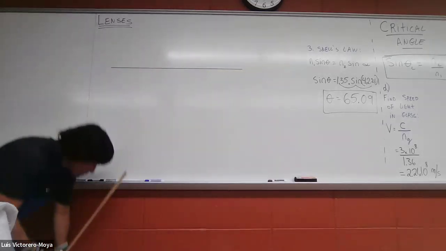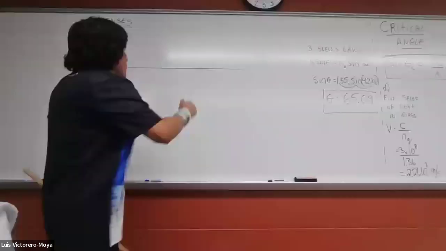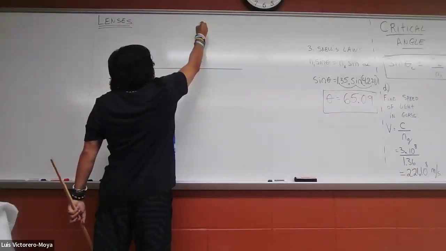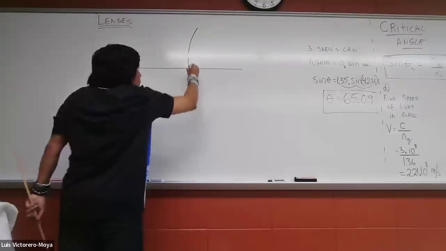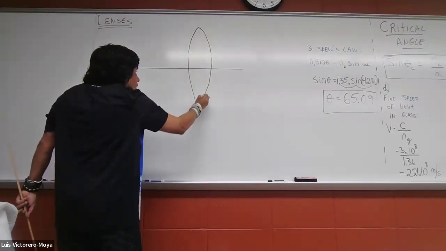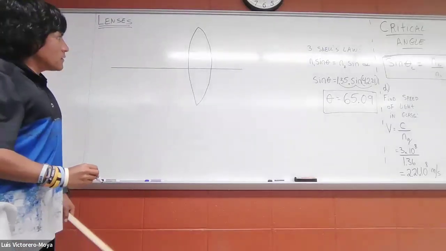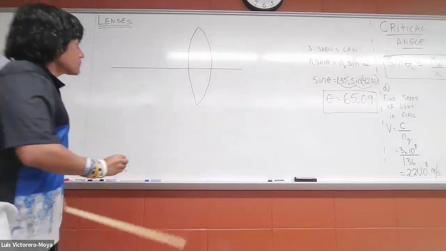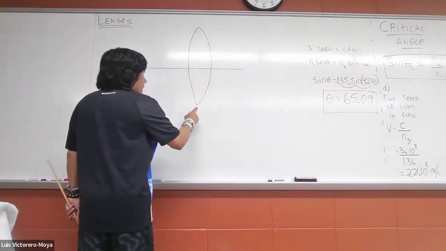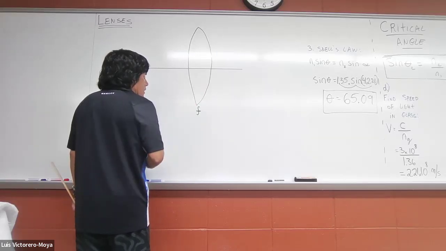Okay. And how do you draw a convergent lens? Like that. That's a convergent lens. Okay. This lens has a focal length, F.